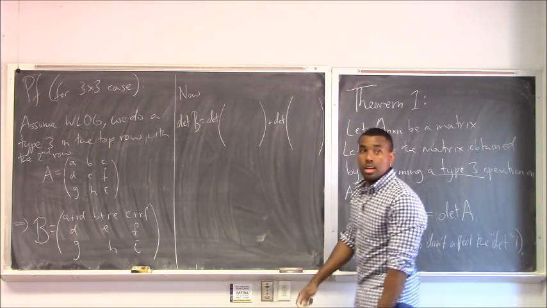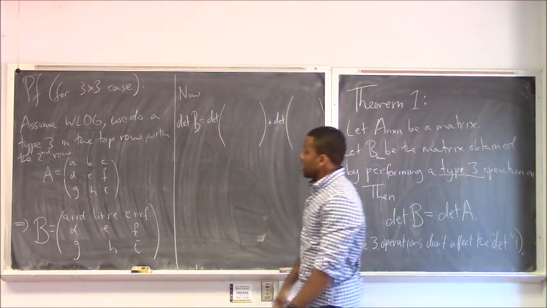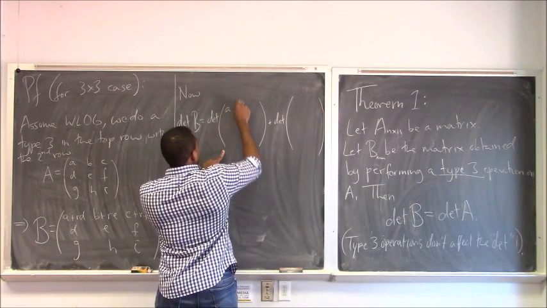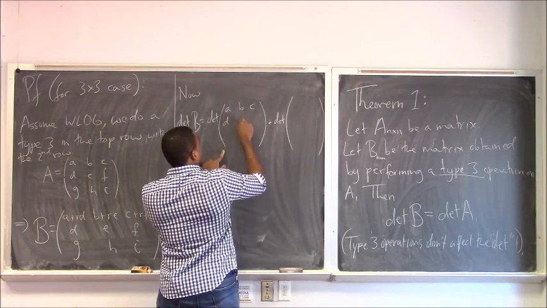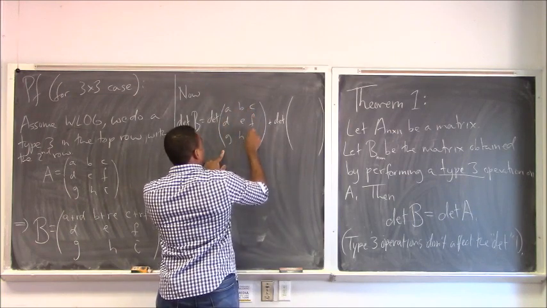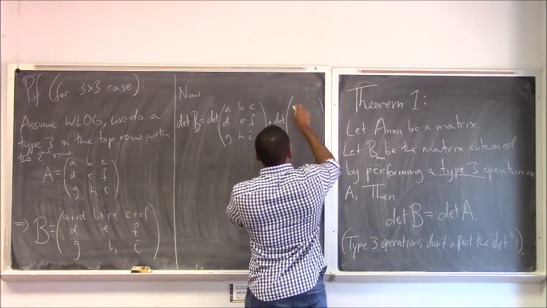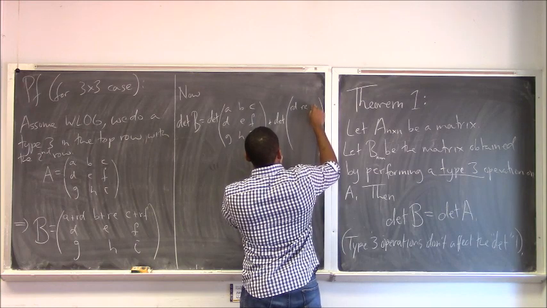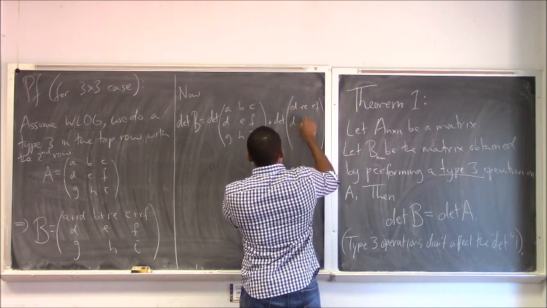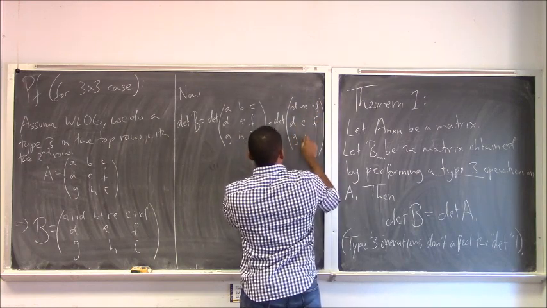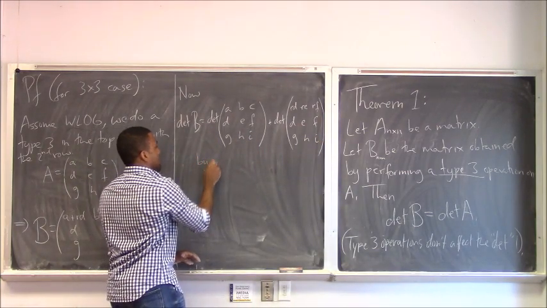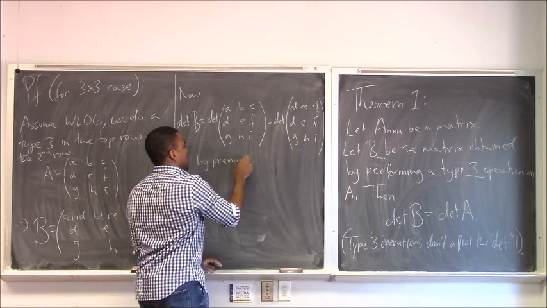So the second matrix will have the first row be... What would the first matrix be? A, B, C, D, E, F, G, H, I, and the other one with R times D, R times E, R times F in the first row, then D, E, F, G, H, I, right? By previous lemma.